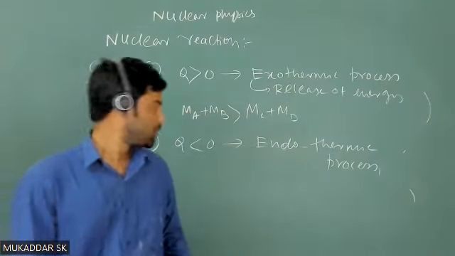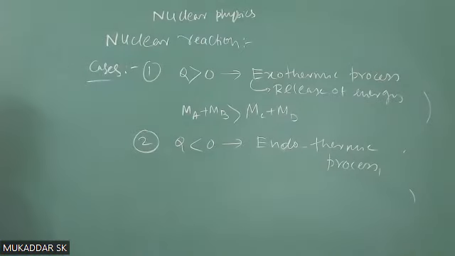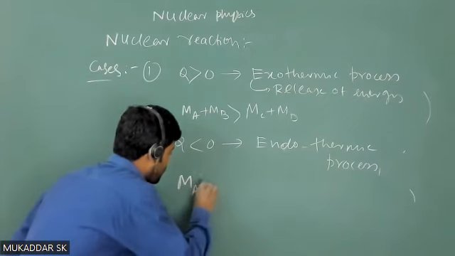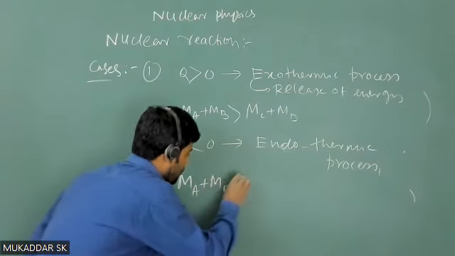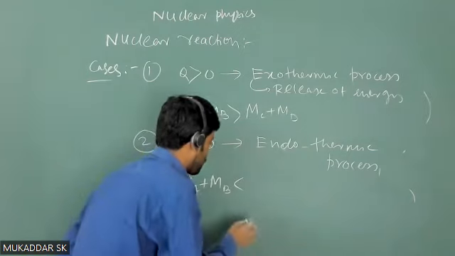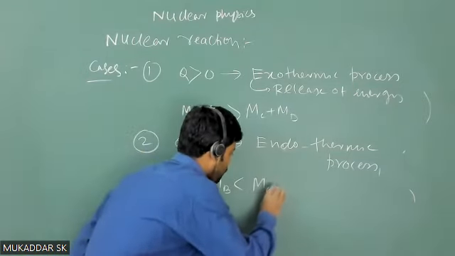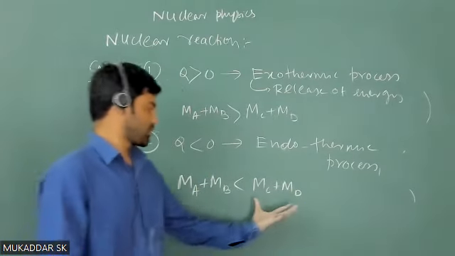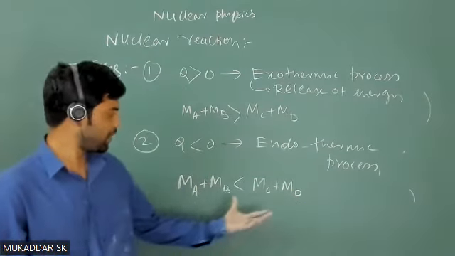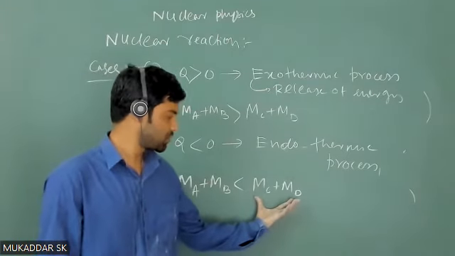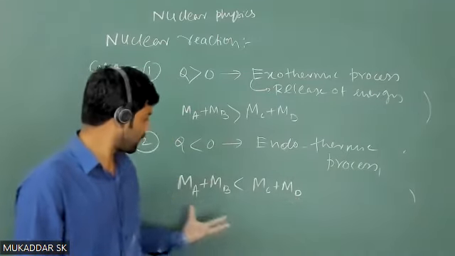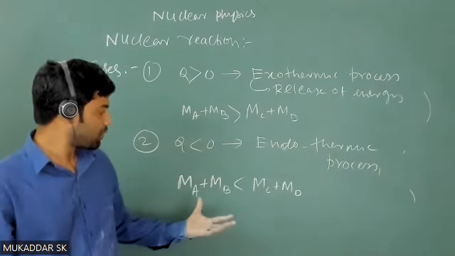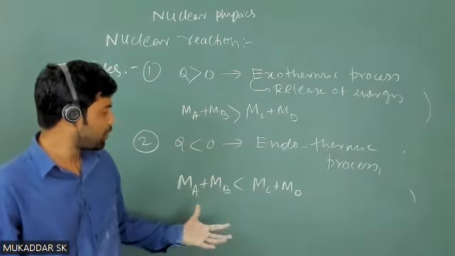If you see again in terms of mass, Q less than 0 means that the nuclear mass of the reactant is less than the mass of the product. So there is a gain in mass. Here you see what is happening in the process: there is a gain in mass because the mass of the product is greater than the reactant in an endothermic process, right? So what is the meaning of that?